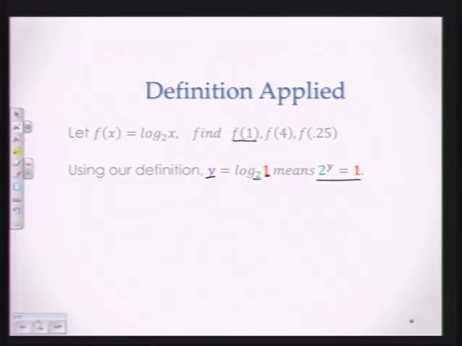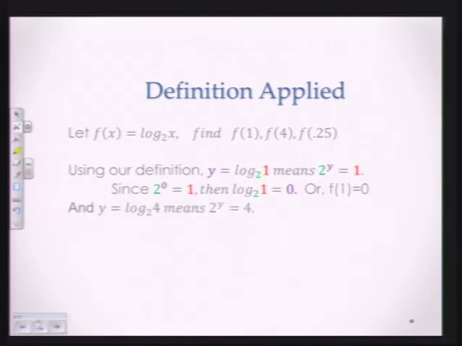Now, as you look at 2 to the y power equals 1, we think, 2 to what power is equal to 1? And hopefully we remember that 2 to the 0 power is 1. Therefore, the log base 2 of 1 must be 0. So, f of 1 is equal to 0. Or, said another way, the log base 2 of 1 is 0.